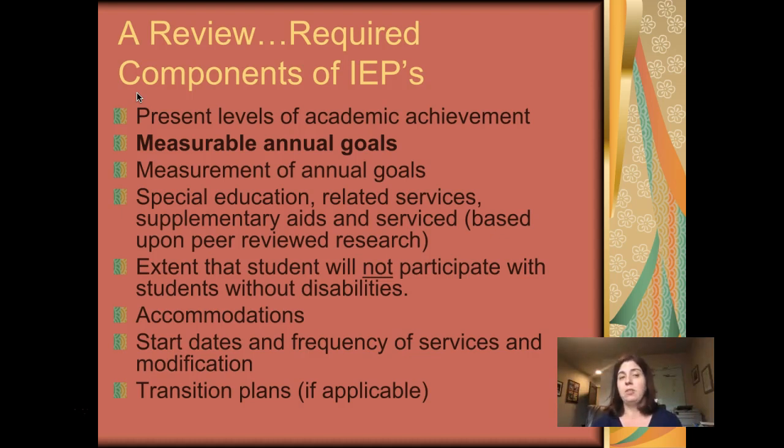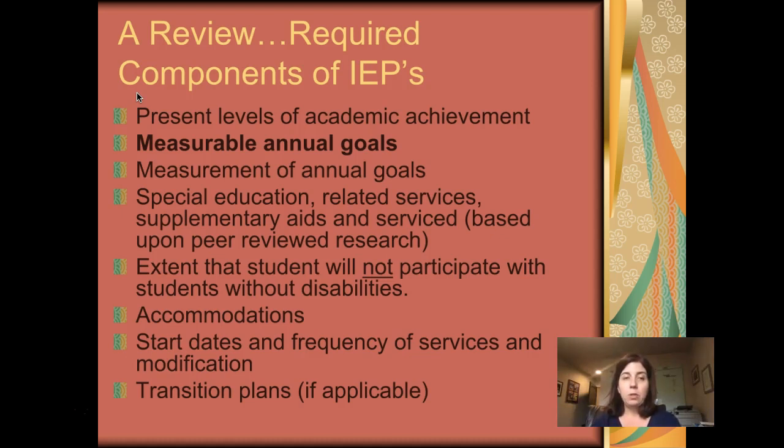And those present levels are used to create measurable annual goals. And for those annual goals, the IEP is also going to talk about the measurement of those goals, so how the student is progressing towards achieving them.